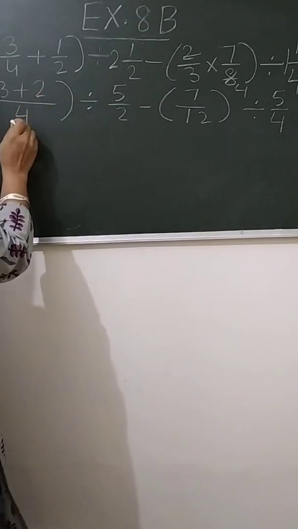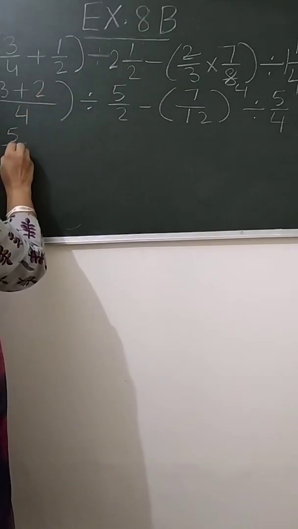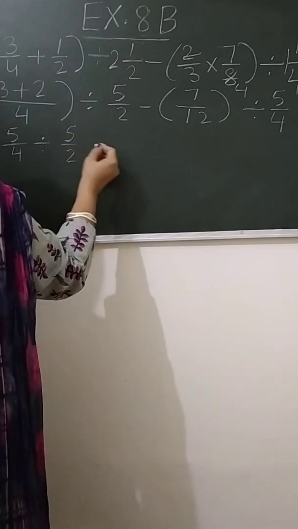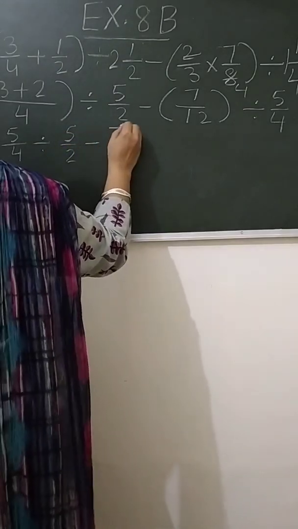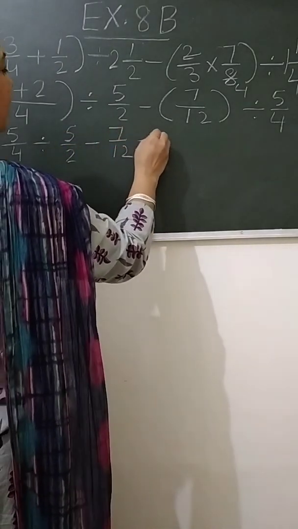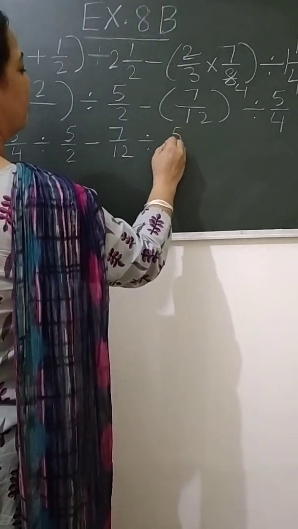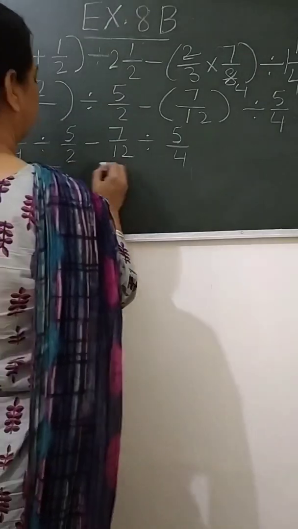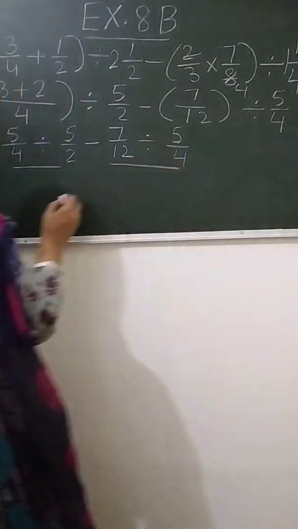The next step, 3 plus 2 by 4, that means 5 by 4 divided by 5 by 2 minus 7 by 12 divided by 5 by 4. So we will simplify this and this.